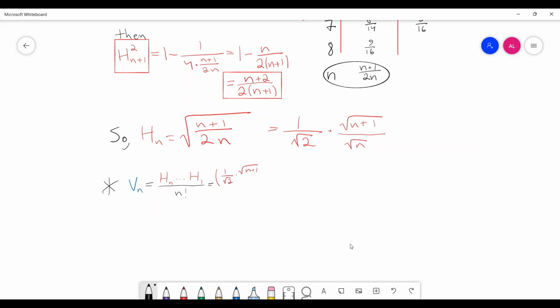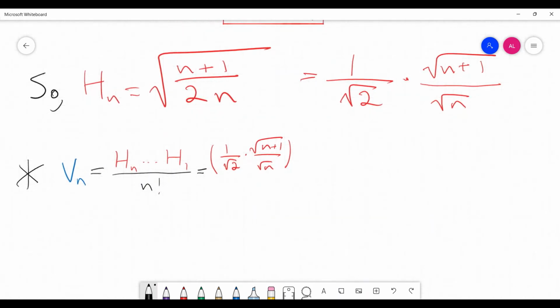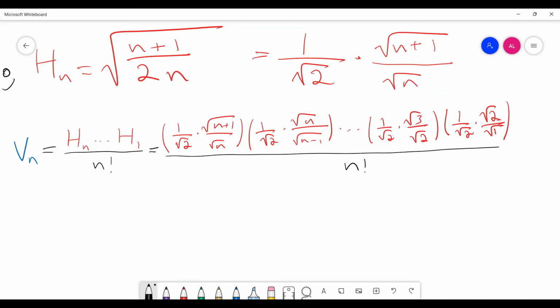So h_n, that's just equal to this right here. I'm going to zoom in a bit. Then h_(n-1), if we plug n-1 for n in this formula, we get root n over root (n-1). And then we can multiply, so on and so on. So now one really convenient thing about this is that a lot of this stuff cancels. So the 1 over root n cancels with the root n.